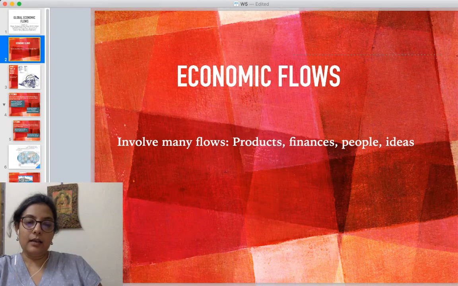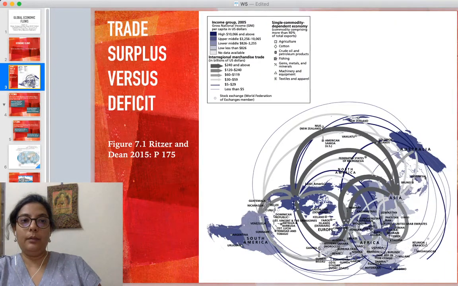So we can start our discussion by looking at, actually, let's take a look at this image first. There's this very interesting image that Ritzer and Dean have provided on page 175 of the text, and it shows you a map of the world. You will see that different countries have been given different colors in this map.